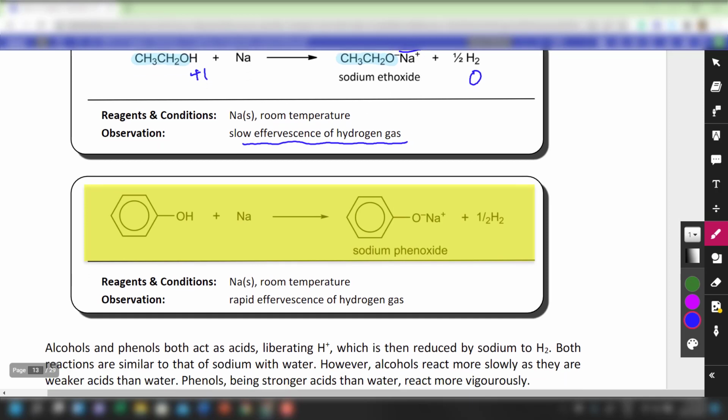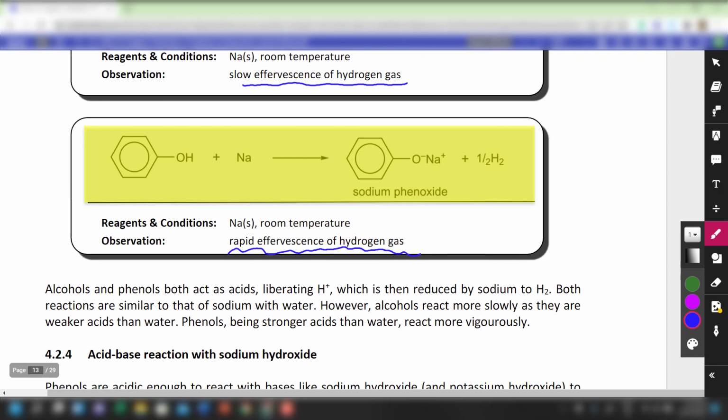The next part, if I'm not wrong, over in your notes there's a typo, so please correct it. It should be phenol with sodium metal, and then you end up with sodium phenoxide and half H2. Similar idea, and because phenol is more acidic compared to ethanol, you expect rapid effervescence of hydrogen gas. So there's a slight difference in the kinetics.